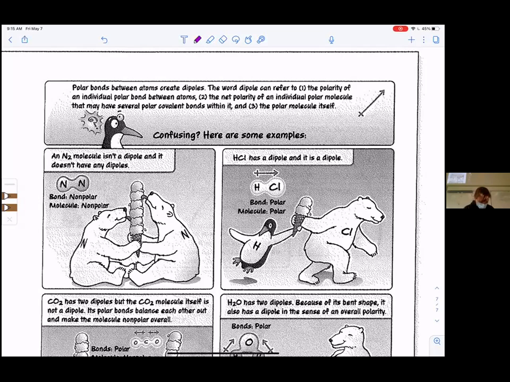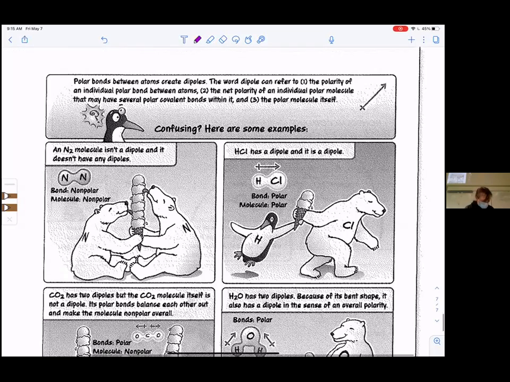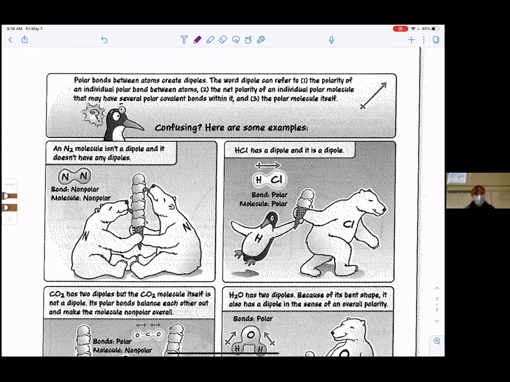Confusing. Here are some examples. So N2 isn't a dipole, and it doesn't have any dipoles. The nitrogens both have the same pull on the electrons. You can see the tongues are equally on the ice cream. It's non-polar, no polar bonds, and the molecule itself is non-polar.